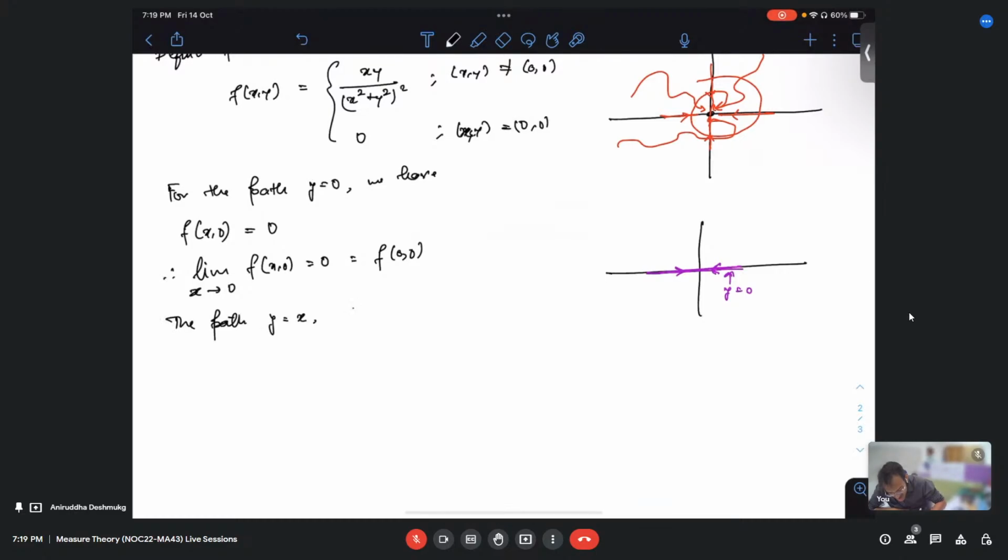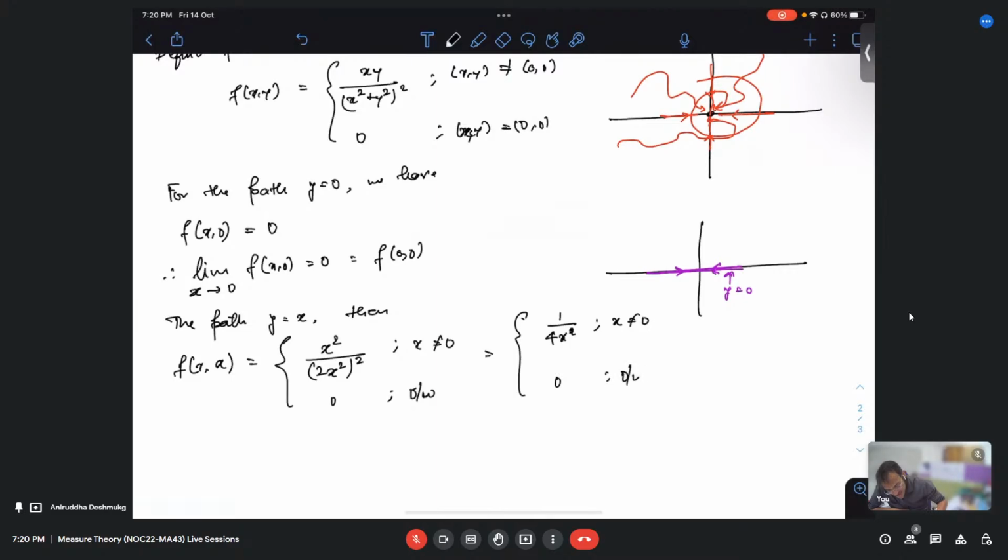But if I take the path y is equal to x, then let us see what happens. Once y is equal to x, one can write f of xx. f of xx is x square over (2x square) whole square whenever x is non-zero and 0 otherwise. So if I write it, it is 1 over 4x square when x is non-zero and 0 otherwise. Now we are taking this path, either coming from the right or from the left.